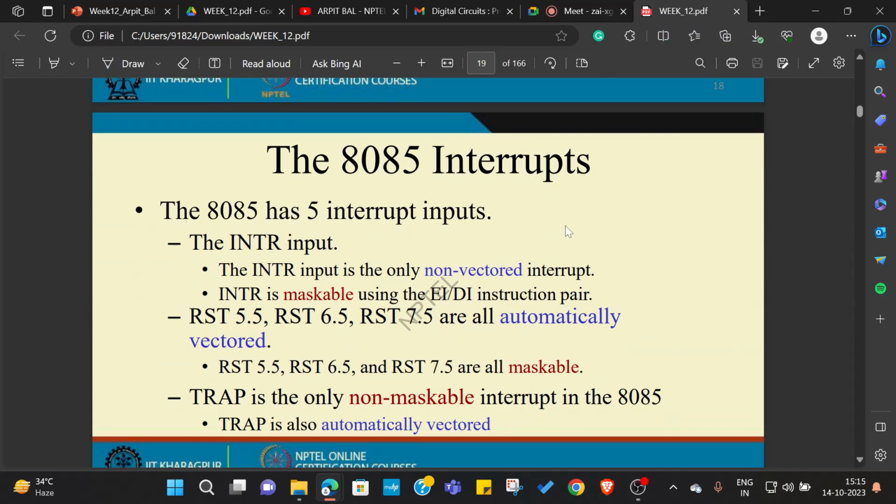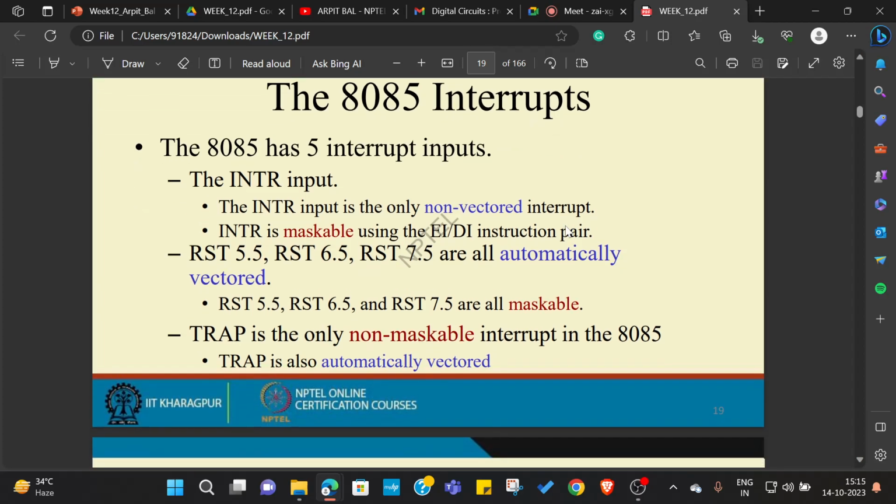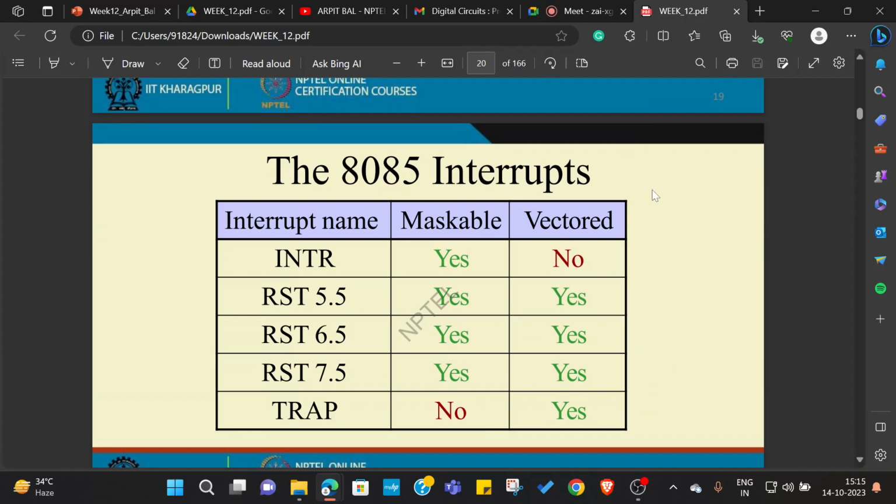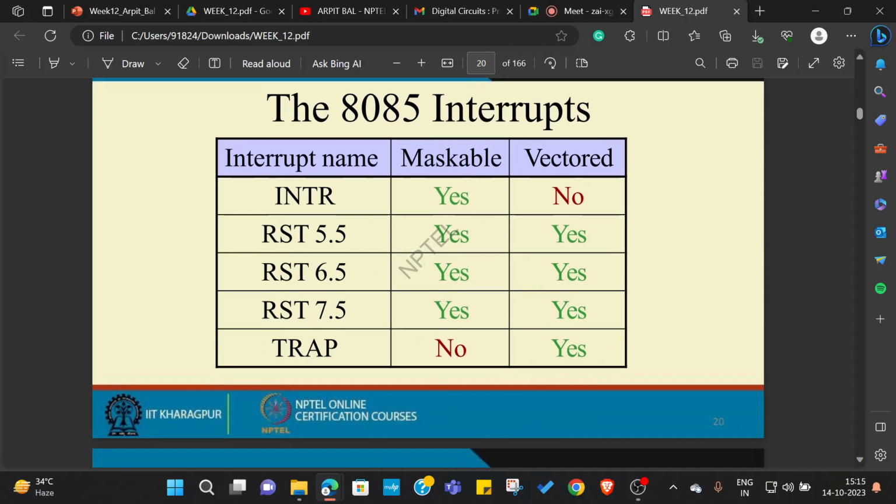There are several such interrupts available, and 8085 has 5 interrupt inputs: the INTR input, then RST 5.5, RST 6.5, 7.5, and TRAP. Okay, there are various properties listed in the lecture slides, so I suggest you go through them. There is a differentiation table showing which interrupt is maskable and which is vectored.